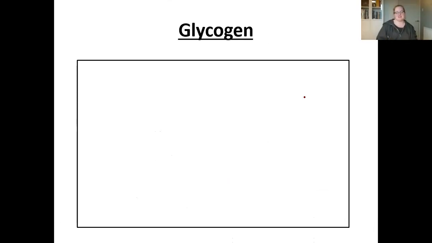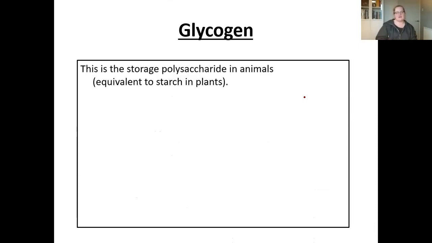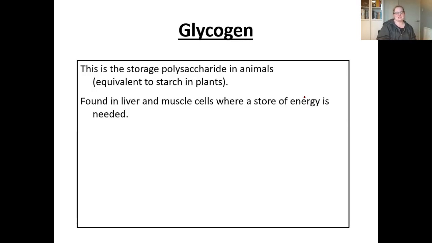Then we have glycogen. Glycogen is fantastic. It is the main storage polysaccharide in animals, so it is our equivalent to starch. It again is an energy form from glucose. It's lots of glucose molecules joined together until we eventually get glycogen.